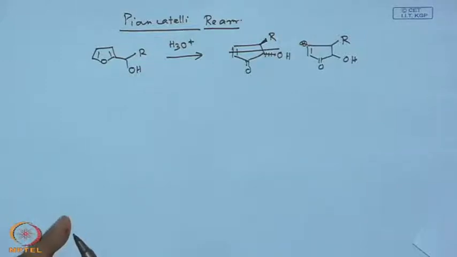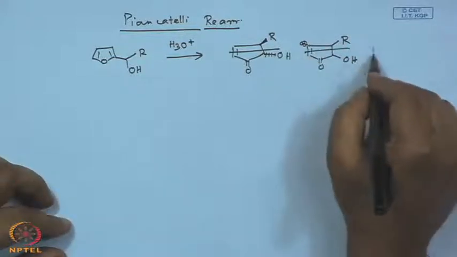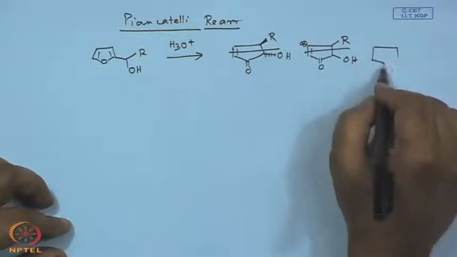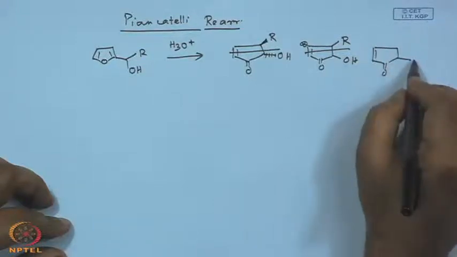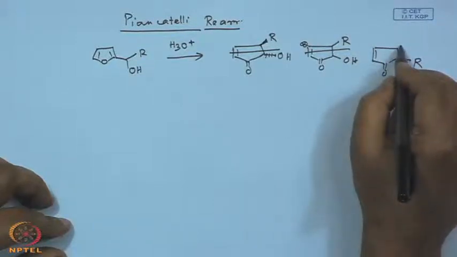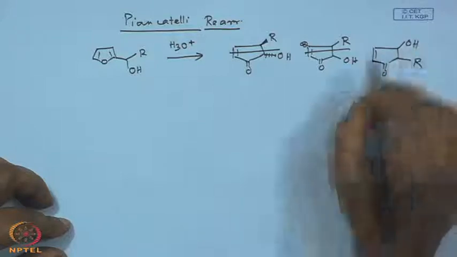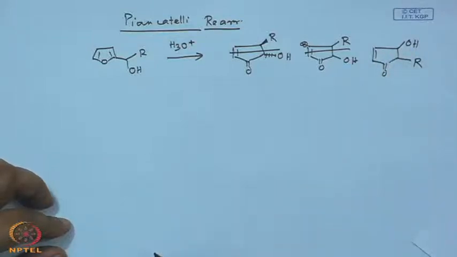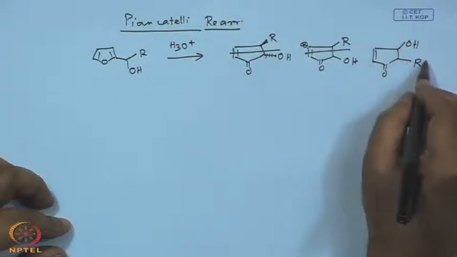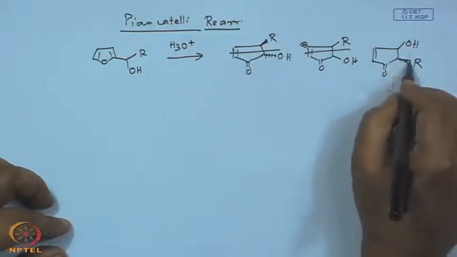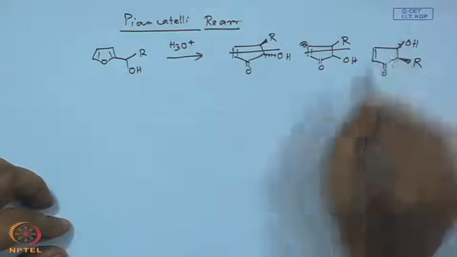We will see this once we see the mechanism. Probably it would be clear. Apparently, R is here and this hydroxy is here. So, 4-hydroxy, 1, 2, 3, 4 hydroxy, 5 alkyl. Mind it, the stereochemistry here is trans to each other.